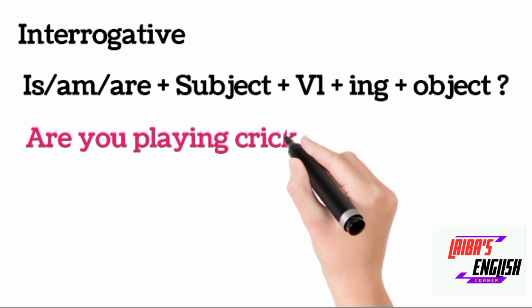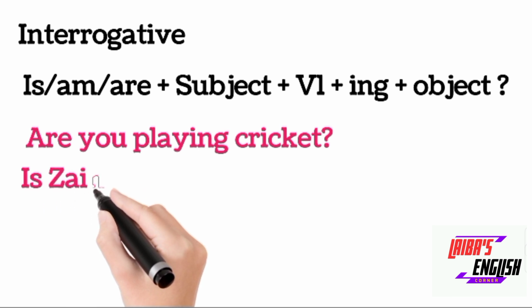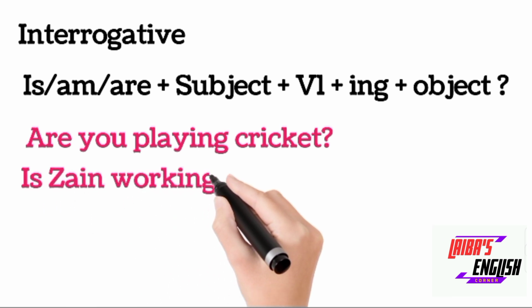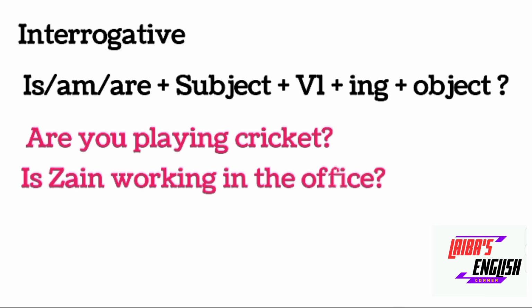But remember, at the end you have to put a question mark, otherwise your sentence will be considered a wrong question. Are you playing cricket? At the end, a question mark. Second example is, is Zan working in the office? Why do we use is with Zan? Because Zan is the name of a boy, so with it we use is.